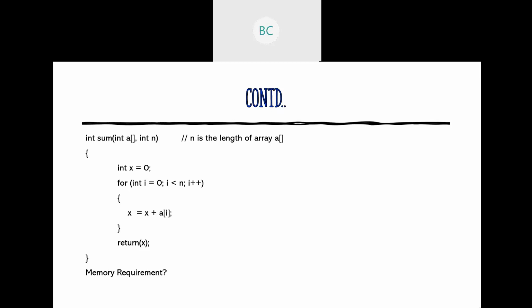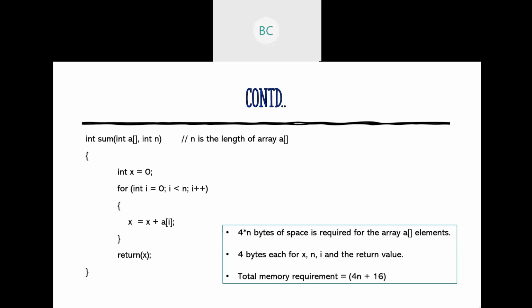Okay, so we have to add the variables, then multiply the int size with the array size. Suppose for an int array, you just keep it separately. Just see the answer: 4n bytes for your array A. Why?